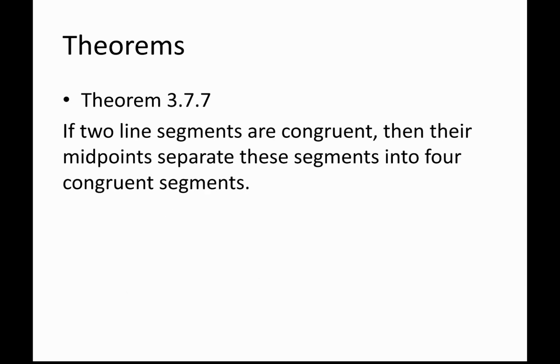The seventh theorem for this section, if two line segments are congruent, then their midpoints separate these segments into four congruent segments. Oh goodness. Okay, so give yourself two congruent line segments. I've gone ahead and drawn my line segments AB and DE, and I am making a statement off to the side saying that they're congruent to each other.